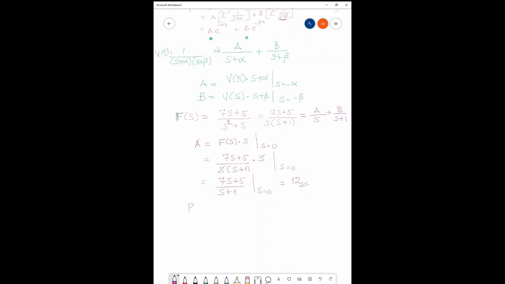What about B? B would be f of s times s plus 1, right? So that it would cancel out for s equal to minus 1. So that would be 7s plus 5 over s times s plus 1 multiplied by s plus 1, and solving that for s equal to minus 1.